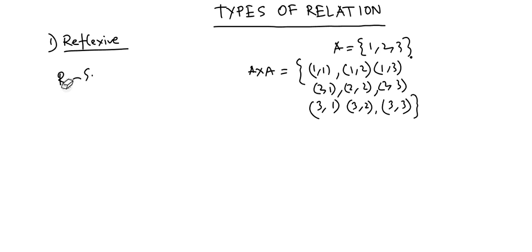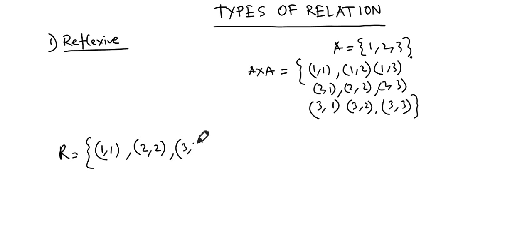Now let us take a subset R of A cross A in this way: (1,1), (1,2), (2,2), (3,3), (3,2), (3,1). So I have chosen these pairs from A cross A. Now what is special here?